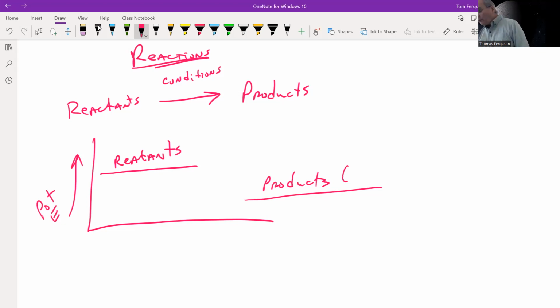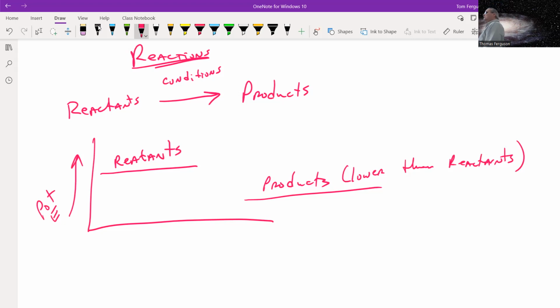Okay, real important, lower. Lower than reactants, because high potential energy is unstable compared to low potential energy. In the universe, there's one little caveat in all this, it's called entropy, but we're not going to talk about it in this class. But things go from high potential energy to low potential energy.